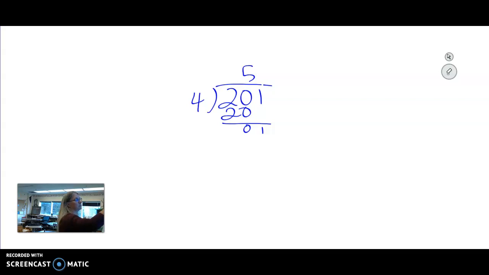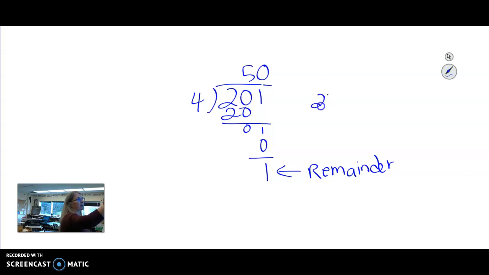4 goes into 1 zero times, and now we have our remainder of 1. So 4 times 50 is 200, but then to get this answer, 201 divided by 4, you can write it as 4 times 50 plus a remainder of 1.